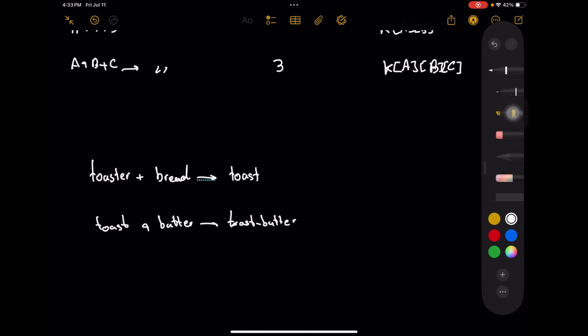So the reaction of getting toast from bread is slow, and the reaction of getting toast and butter until the butter melts on the toast is faster than toasting the bread itself, so faster and slower. And toasting the bread is the rate determining step because it is the slowest step in the process.